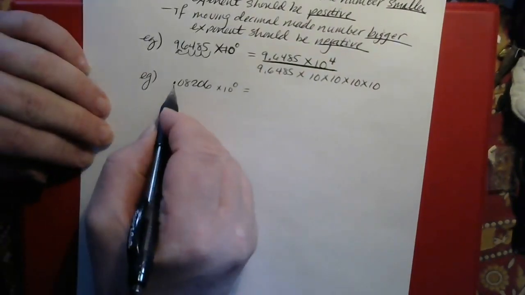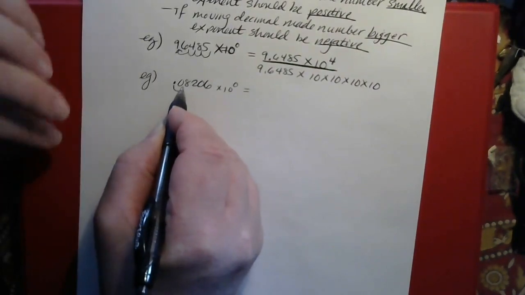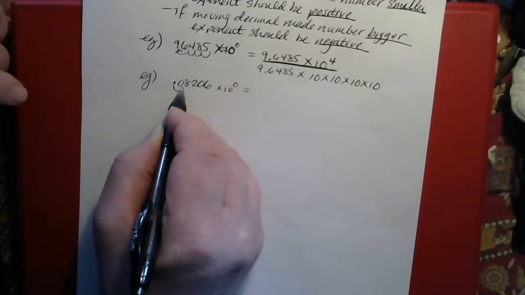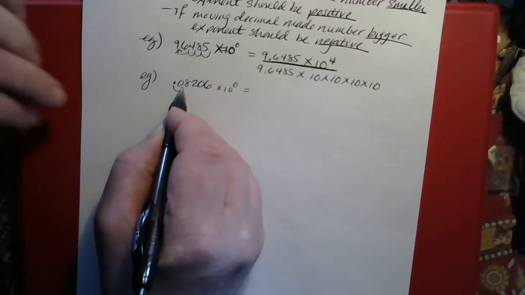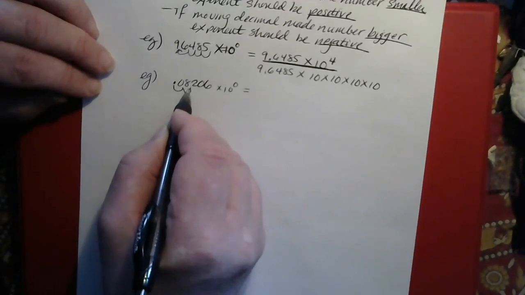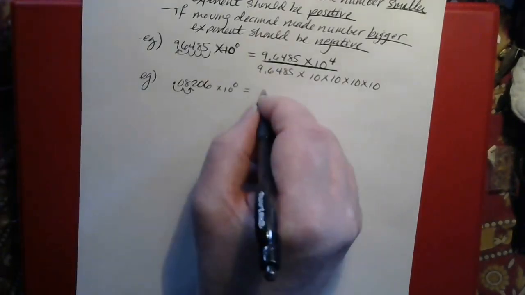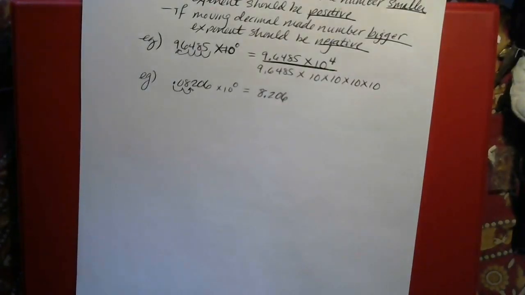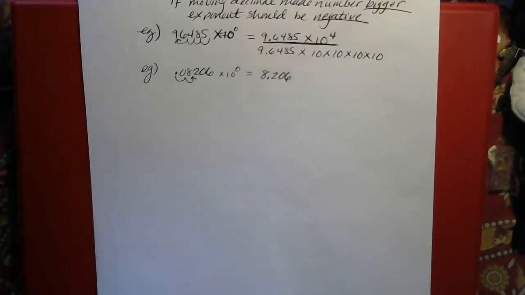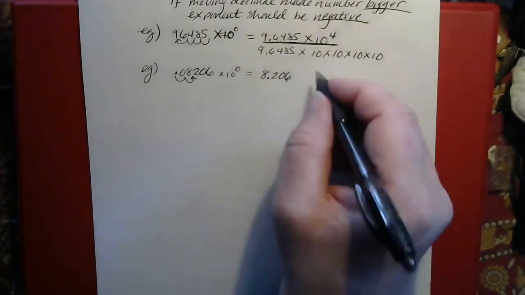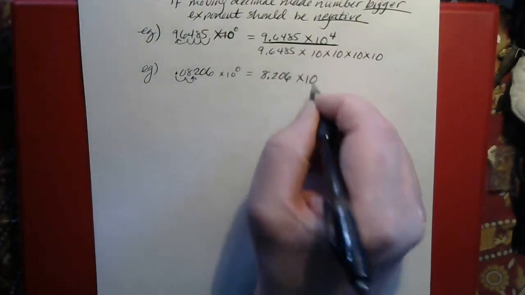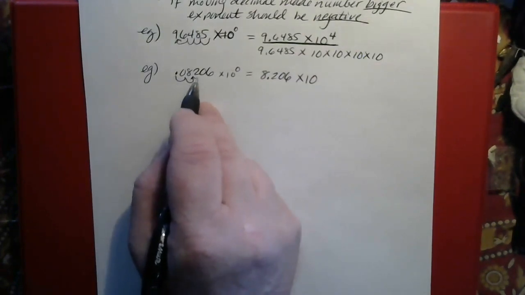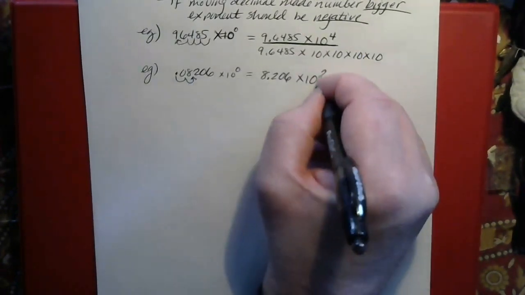If we move it one place to the right, we get 0.8206. That's not between 1 and 10, but we're getting close. It's almost 1. We move it one more space, we get 8.206. That is between 1 and 10. Okay, so 8.206 times 10 raised to a power. The power should be the number of spaces we had to move the decimal point, which is 2.